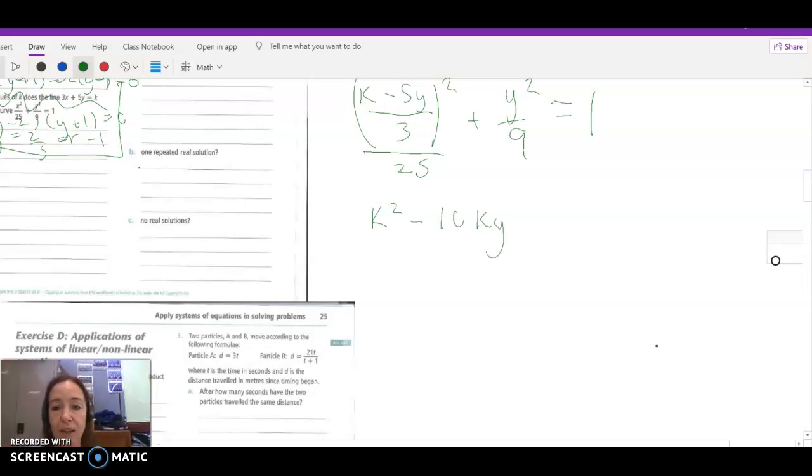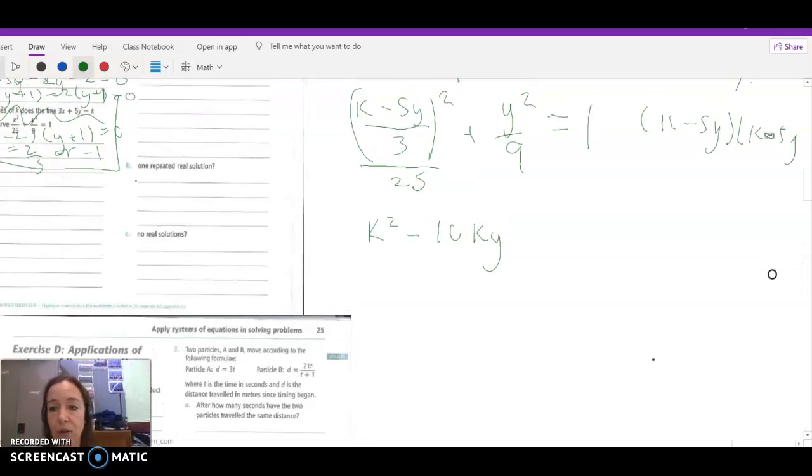Now I've done a whole lot of stuff in there. If you need to, just do a little bracket on the side, k minus 5y, and note all the things that we are timesing, and you'll see that that's what we get. And then that's going to be plus 25y squared all over.